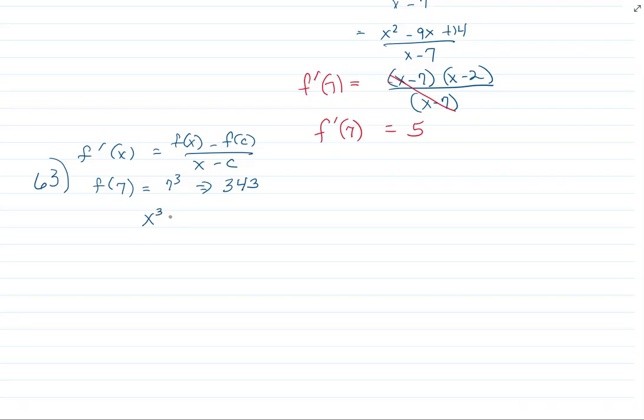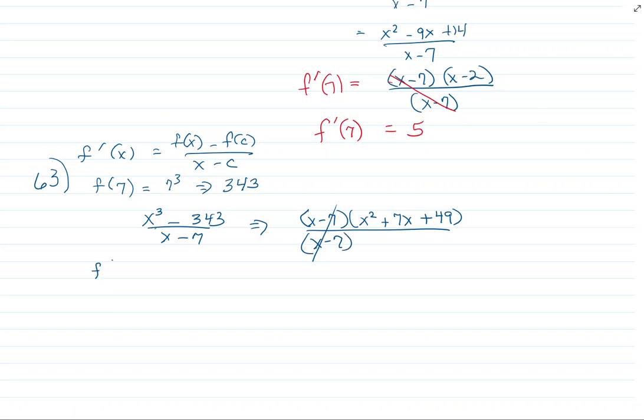Well, this is a perfect cube. So I'm going to have x minus 7 times x squared, opposite sign, their inner product, plus square of the last, all over x minus 7. That cancels. And so now I know that f prime of x is x squared plus 7x plus 49.